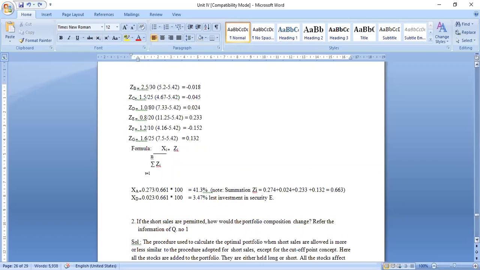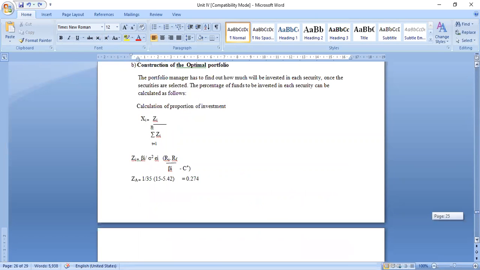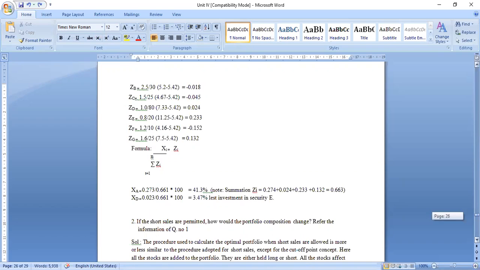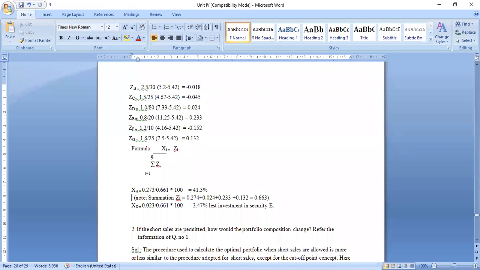Okay. So now when we have taken securities ZA up till G, I guess there is some mistake that has been done here. I have calculated for all the securities, but that is not visible anyway. We will do it here.